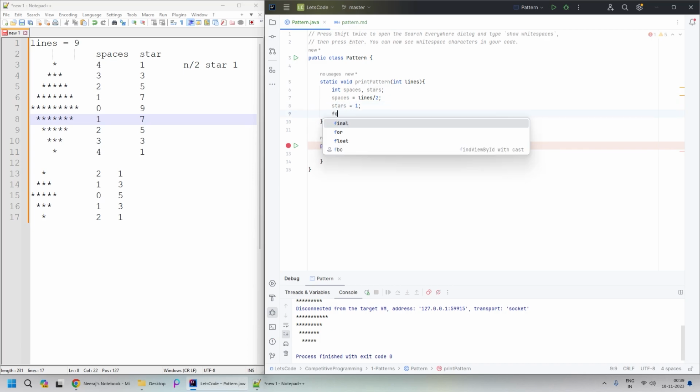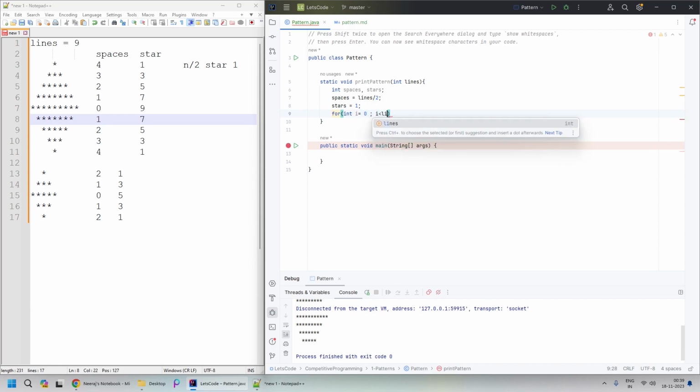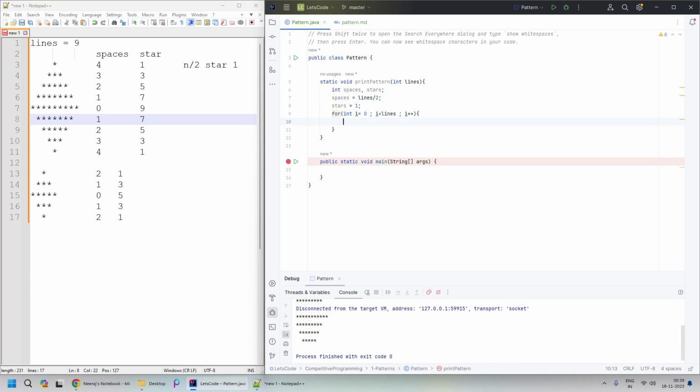We need to iterate over all the lines, i plus plus. Now we will need to print spaces and stars. So how do we print? Simply we can loop over spaces first and then stars.